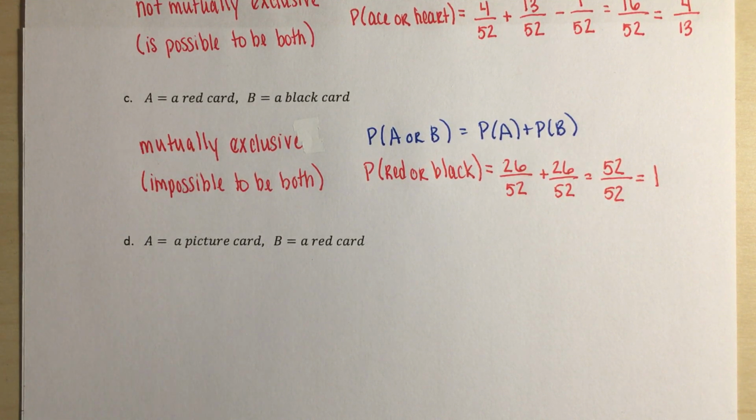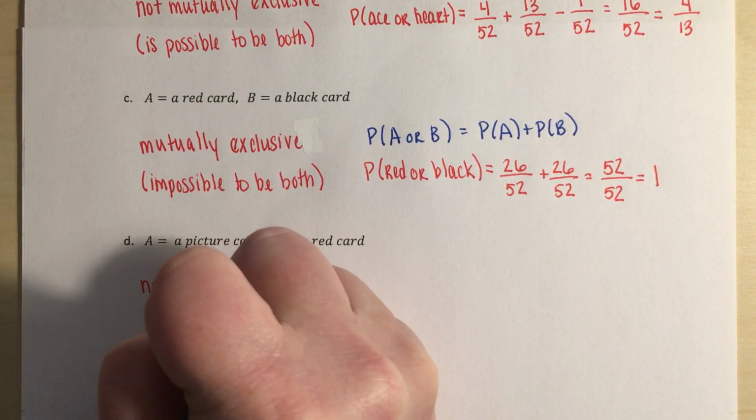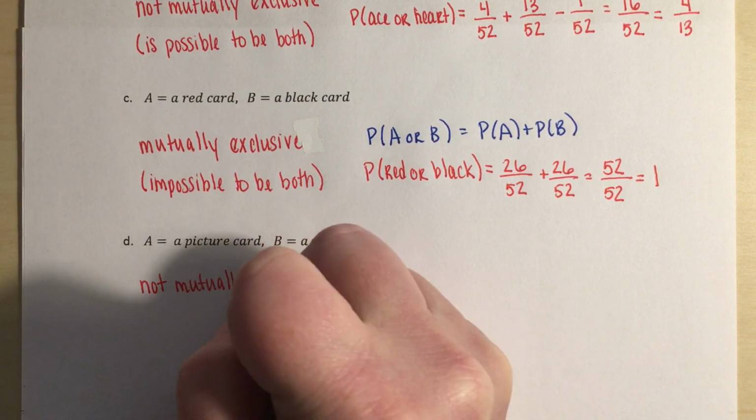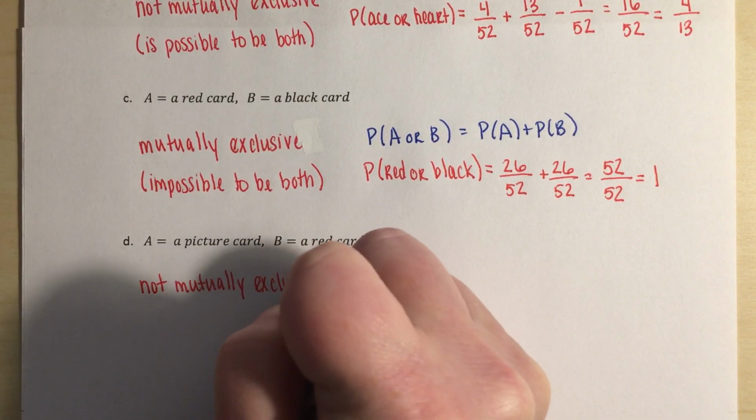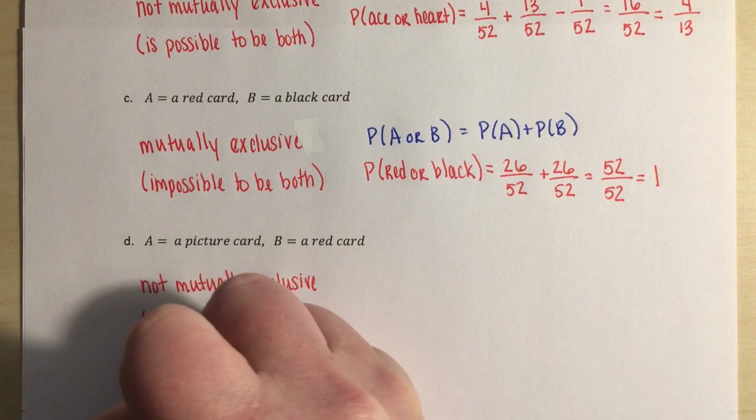All right, and then our last one, a picture card or a red card. This one is going to be not mutually exclusive. Right? It is possible to be both.